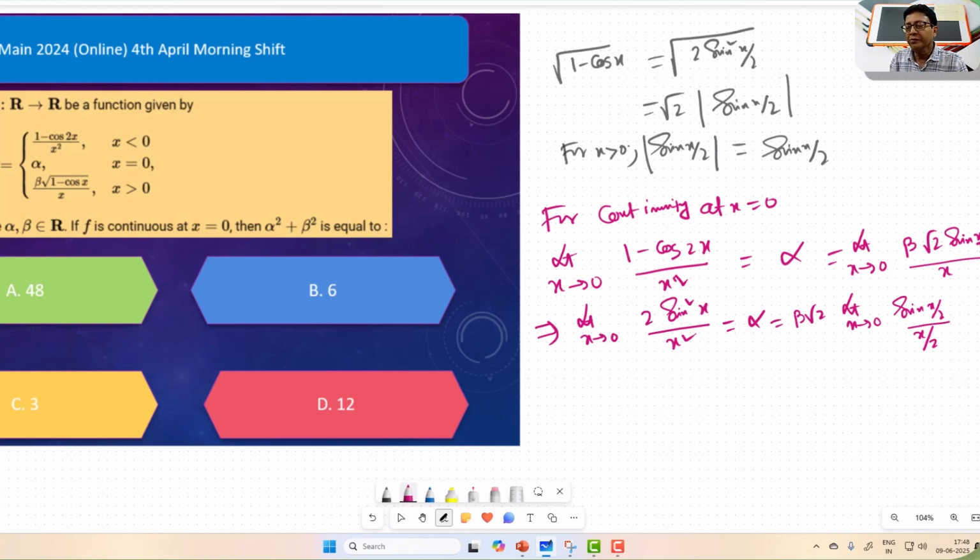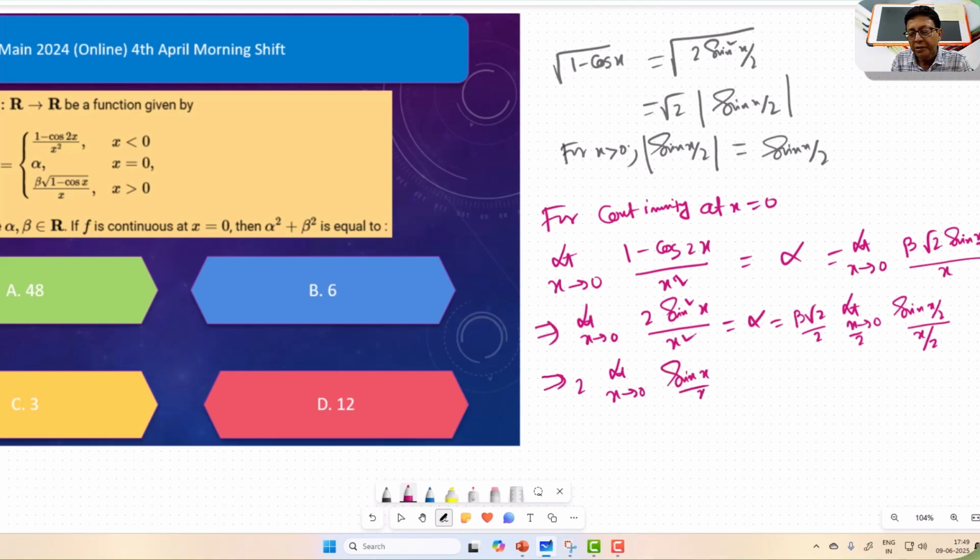You need to adjust this term, so you multiply here by 2, so that I am taking outside. And when x tends to 0, x by 2 tends to 0. So 2 is outside.